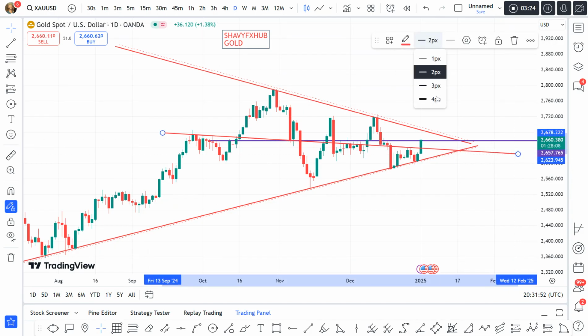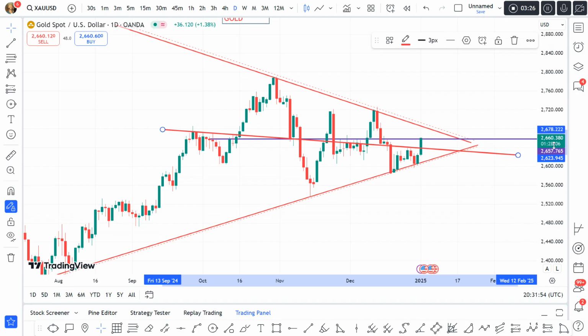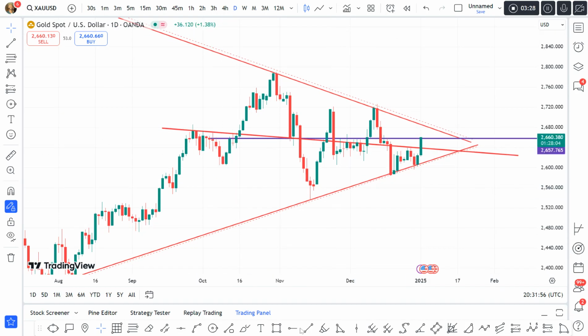These are all daily structures. Right here has a supply roof, supply roof, supply roof, break of the supply roof, price transient on demand, break of the demand floor, makes the structure up, return and respected as supply roof, break of the supply roof, return as demand floor, break of the demand floor, return as supply roof, break of the supply roof.